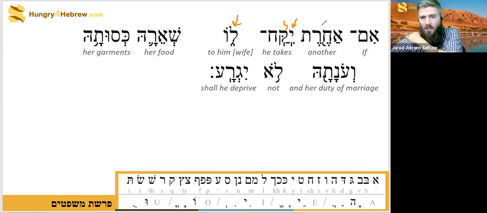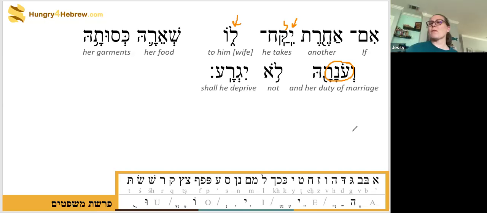So if he should take another, meaning a second wife, she'erah, the thing that allows her to be sustained, her food, ksutah, the thing that covers her, her garments, ve'onatah, I'm trying to figure out the best way to translate this literally. Answering or speaking, or this might be something like compassion.